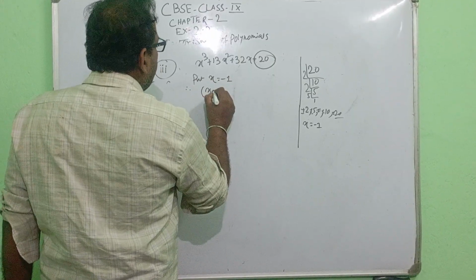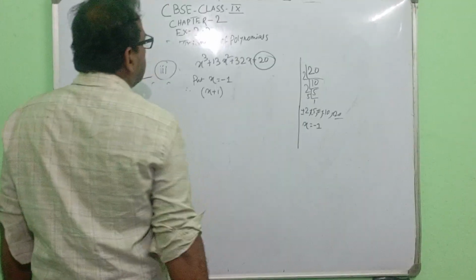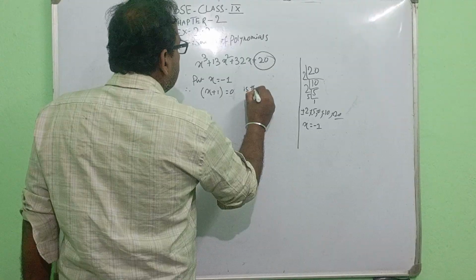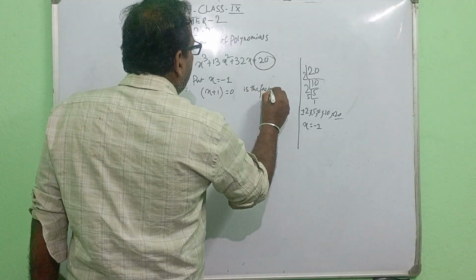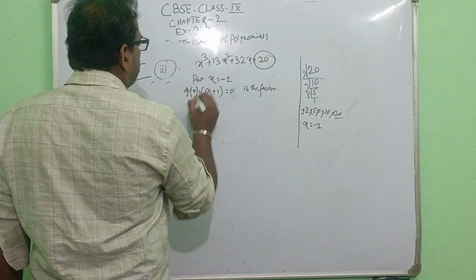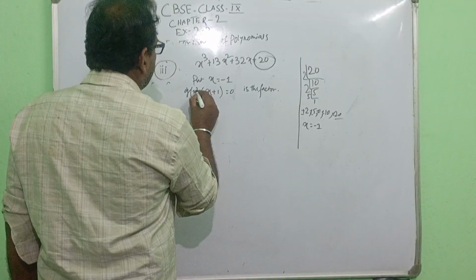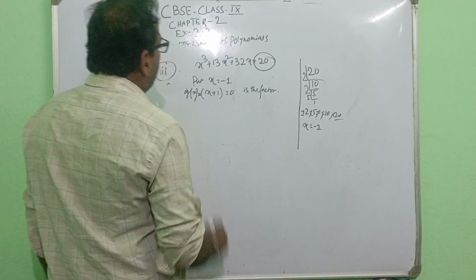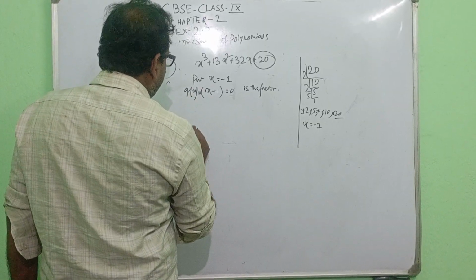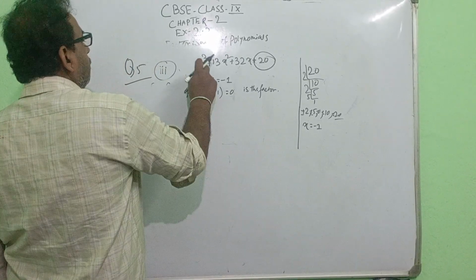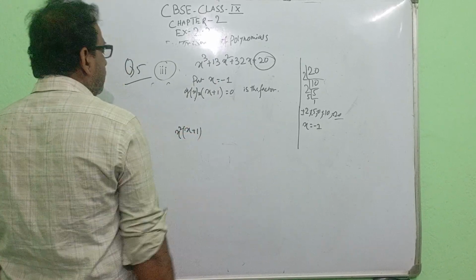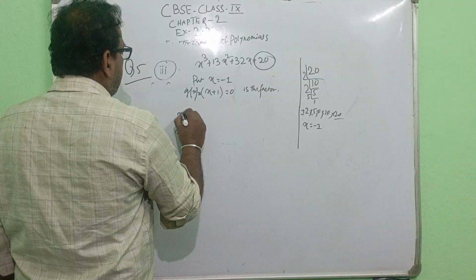Therefore, x plus 1 is a factor. So how do we write that? First x plus 1. So we have x cube, so we have to put x square. So this part is coming.